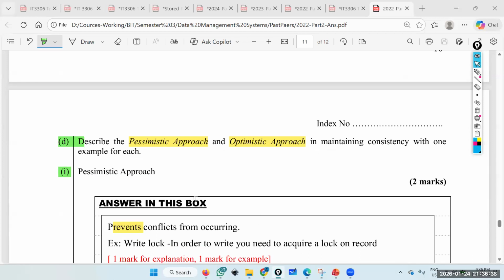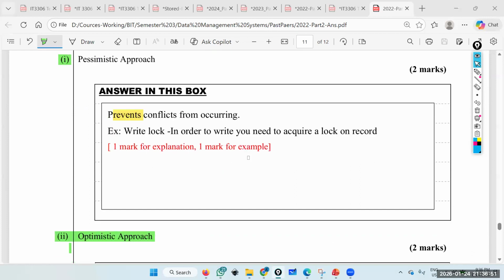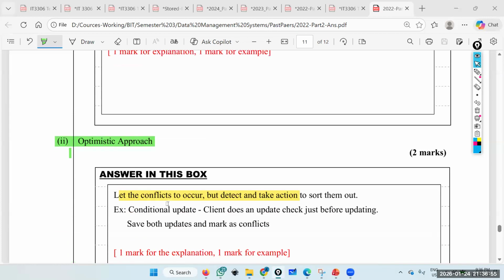Okay. So pessimistic is preventive approach. Optimistic is corrective approach. Let the conflicts occur, but then take corrective actions.